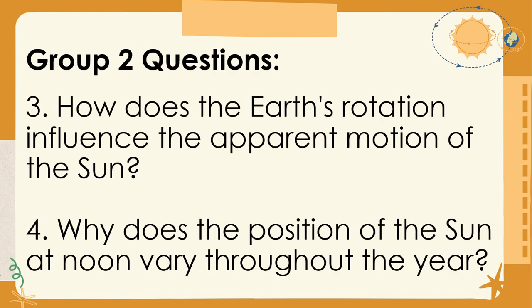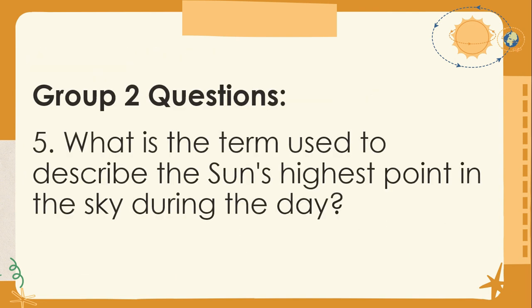How does the Earth's rotation influence the apparent motion of the sun? Why does the position of the sun at noon vary throughout the year? What is the term used to describe the sun's highest point in the sky during the day?